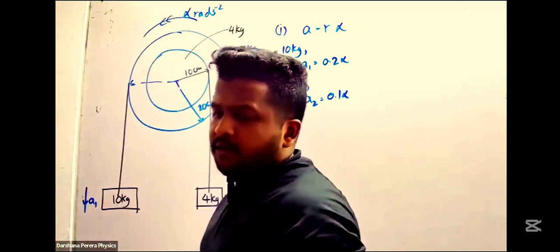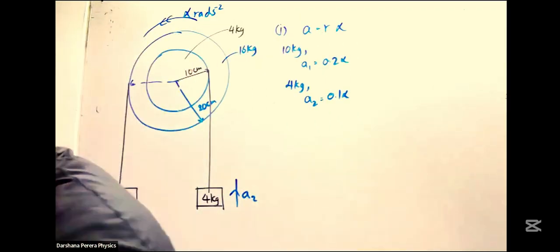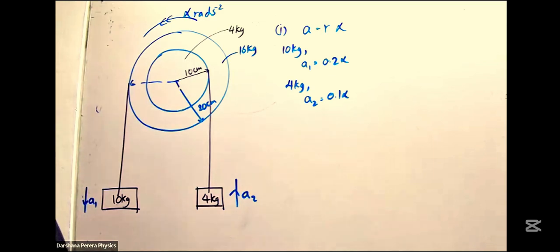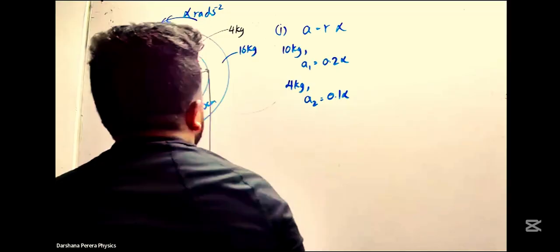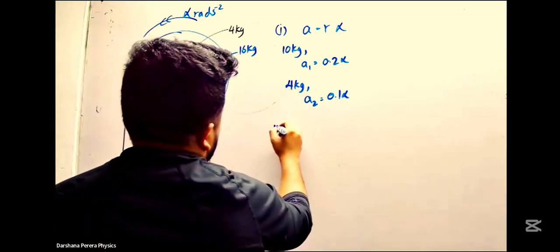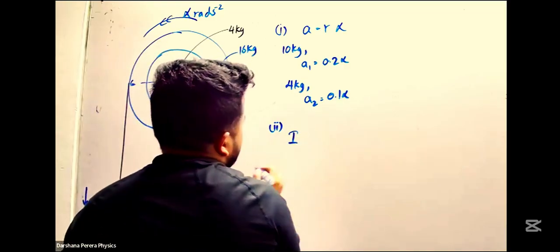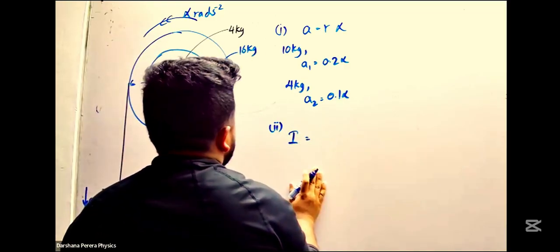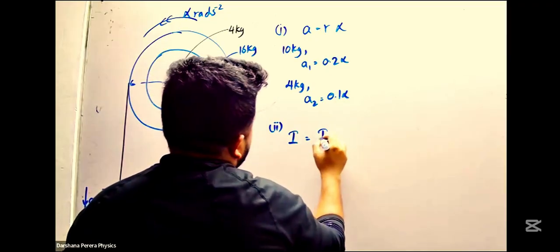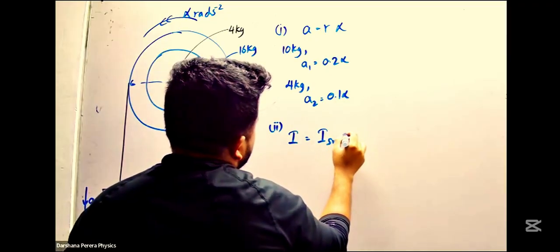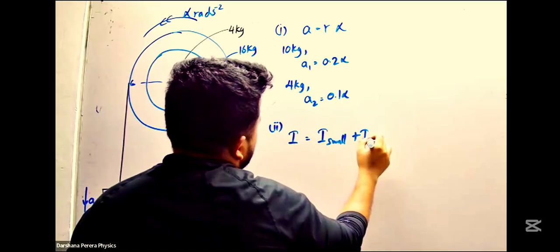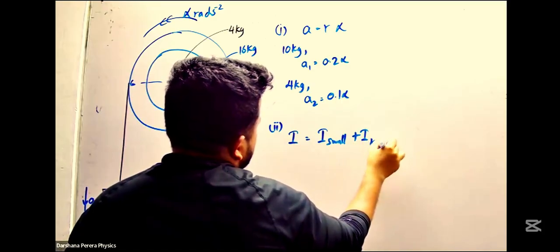After that, we have to do... Okay. Then number 2, we have to take the I value. I means the total I value. That means I of the small cylinder plus I of the large cylinder.